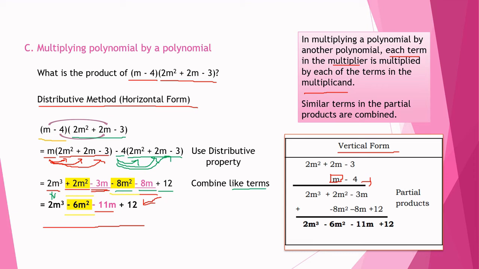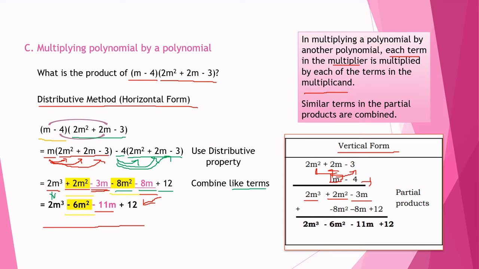So the first term, m, is multiplied by each term of the polynomial. So m times 2m squared is 2m cubed. M times positive 2m is positive 2m squared. M times negative 3 is negative 3m.